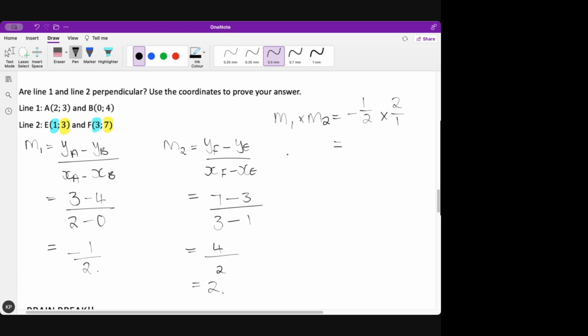What is that going to give us? A negative. And then what is my common factor between 2 and 2? It's just 2, right? So 2 goes into itself once. In my numerator, I have a 1 times 1, which is a 1, over 1 times 1, which is a 1, and this is negative 1. So are these two lines perpendicular?